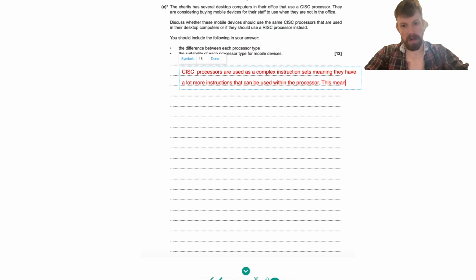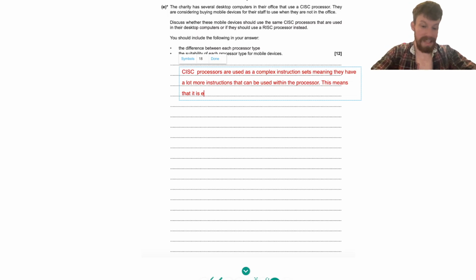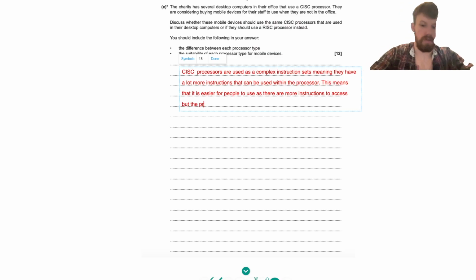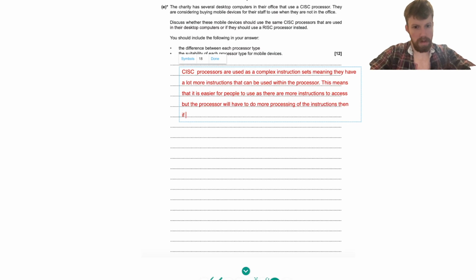This means that it is easier for people to use as there are more instructions to access, but the processor will have to do more processing of the instructions than if it was RISC.